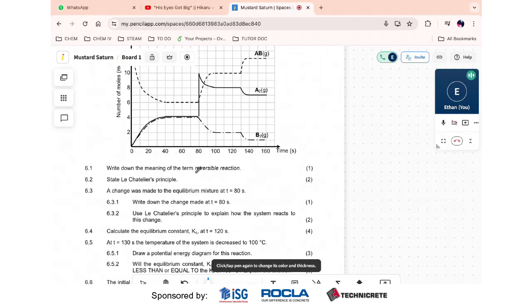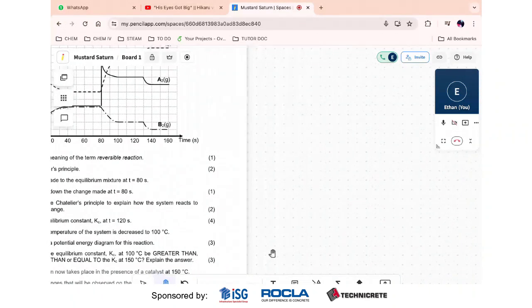Write down the meaning of the term reversible reaction. So there's a couple of different ways to phrase it, but however you do choose to phrase it, you should definitely include a couple of these key phrases. A reaction is reversible when the products can be converted back to reactants.